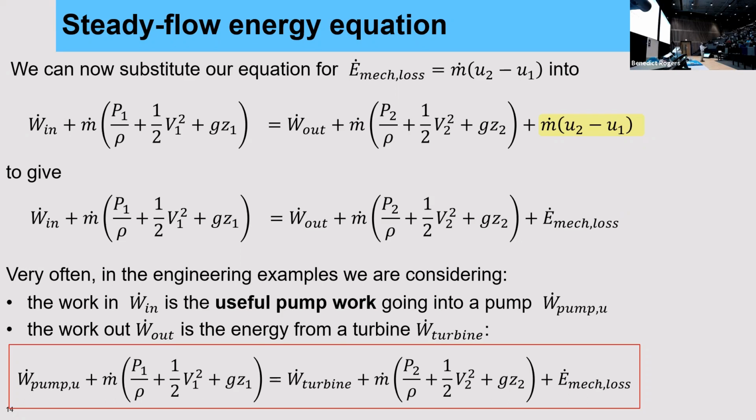If you're an engineer out visiting a power station, and you think, crikey, what on earth is my mechanical loss rate? I've got no idea. How am I going to work that out? I don't have the information to hand. So we tend not to deal with all of that, and those are our pump work and our turbine work. How do we deal with these terms as engineers?